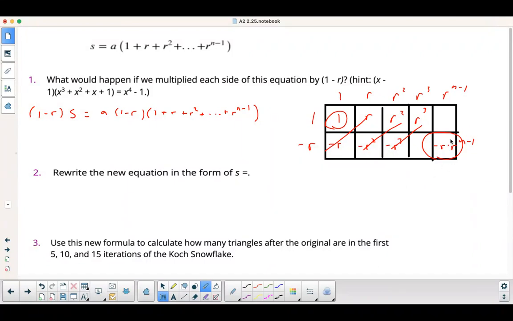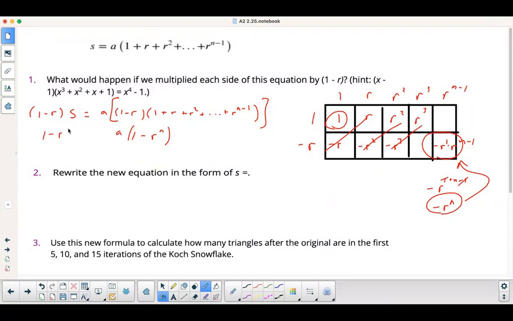Could I simplify that a little bit? Negative r times positive r is still a negative r. And then since they have the same base, you can add the powers. So it's 1 plus n minus 1. Those cancel. So it's negative r to the n that goes right here. So this whole thing, if I multiply these two, is going to end up giving me 1 minus r to the n.